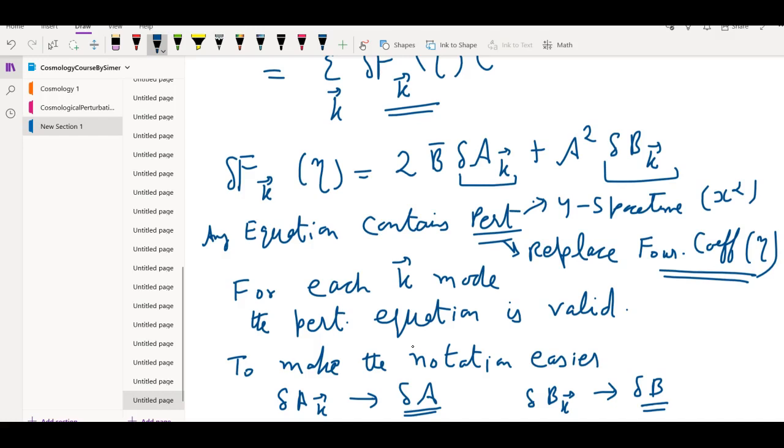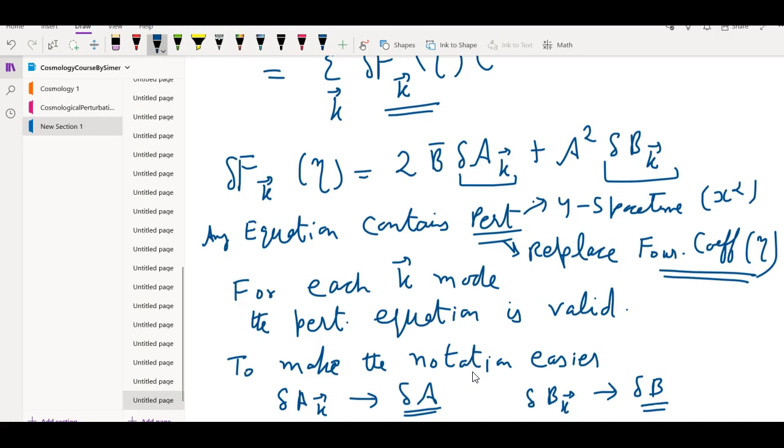So we will do all the calculations in the Fourier space, and if we have to go back to four-dimensional space-time, then once again we will close the door of the Fourier space and open the door of the four-dimensional space-time, and then we will remember that we are in four-dimensional space-time. So when you open the door of Fourier space, no need to put this vector k. Just remember that you are in the Fourier space.